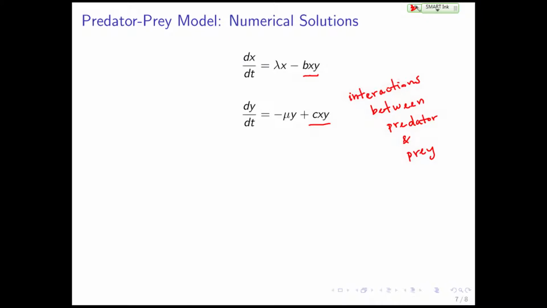The other terms are also important, and we will discuss them in more detail a little later.